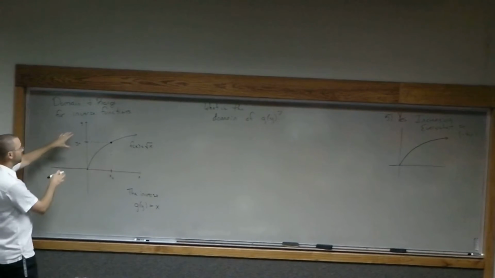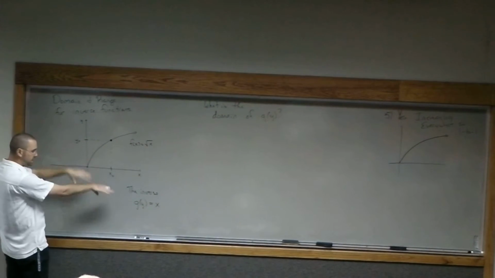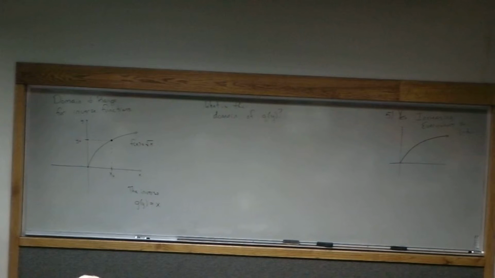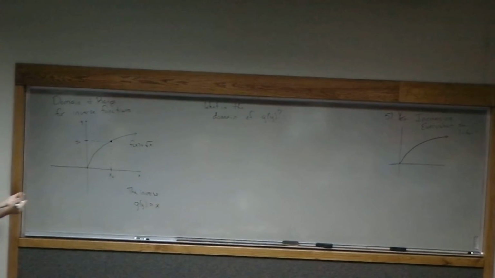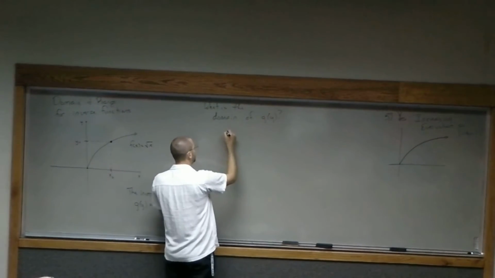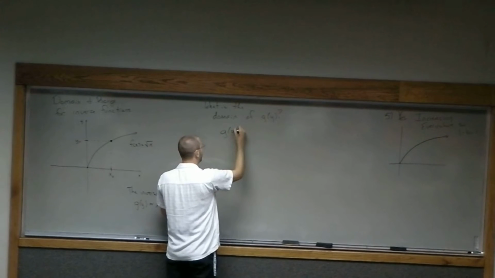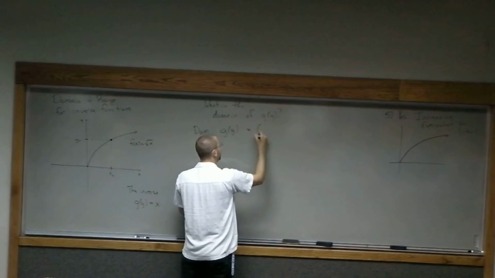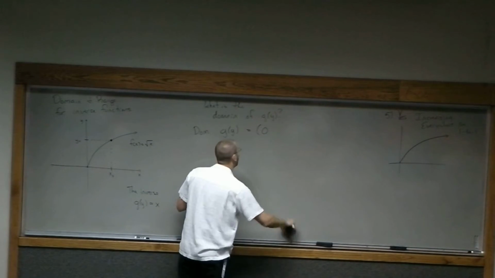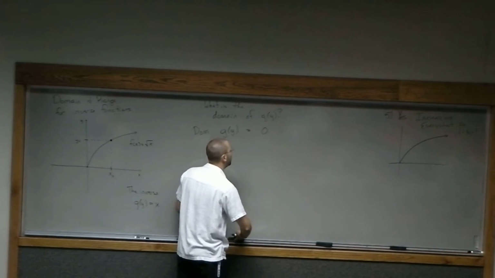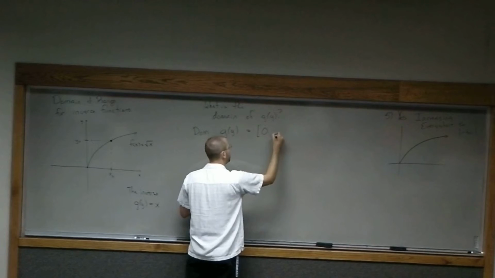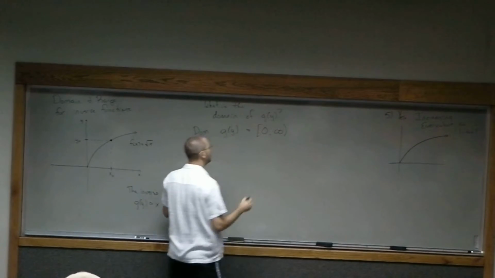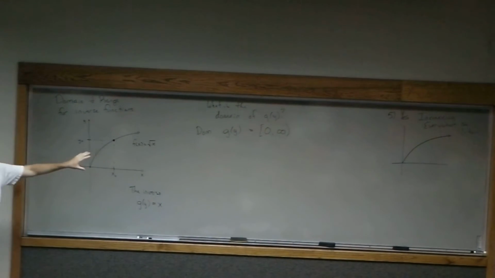In this particular example, positive values do in fact go in for the g of y here. In fact, I can say that the domain of g of y is all positive or non-negative real numbers. That's the domain in this particular case.